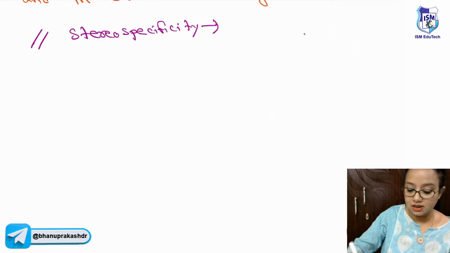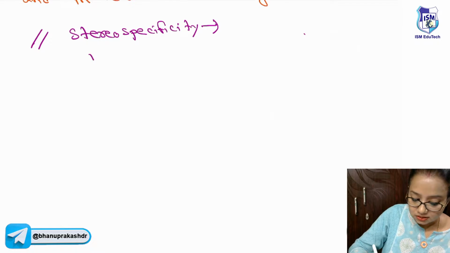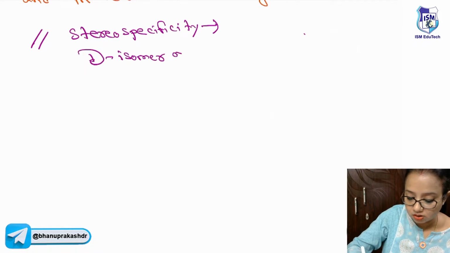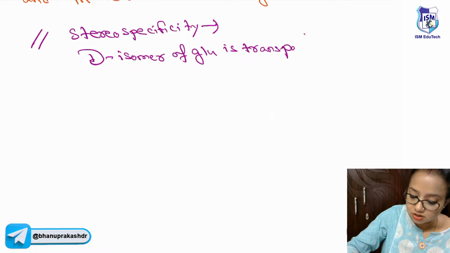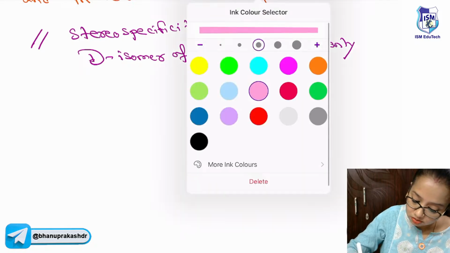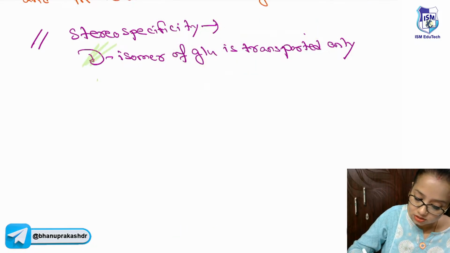Here, again, the D-isomer of glucose is transported only by which protein?